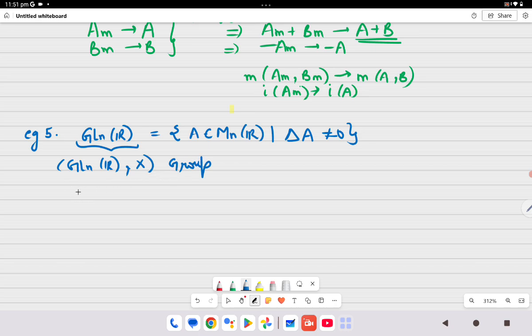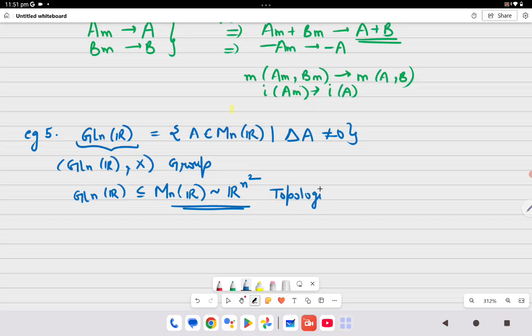Why? Because we can again see it as a subset of MNR, and MNR can be identified with Rn square, and this Rn square is a topological space, so it is also a topological space.